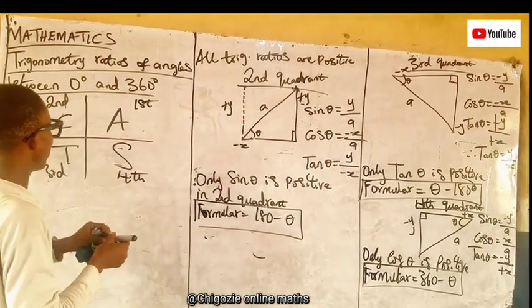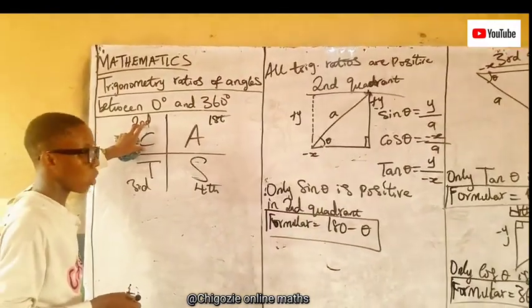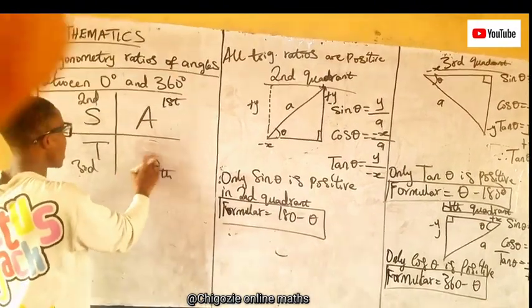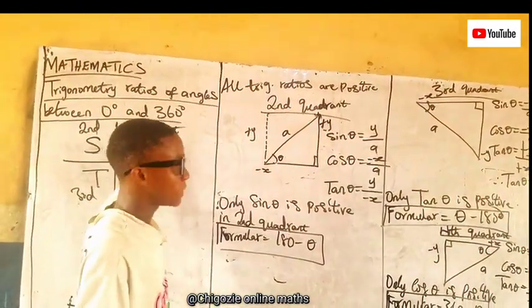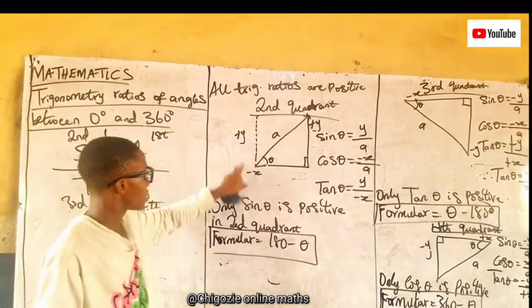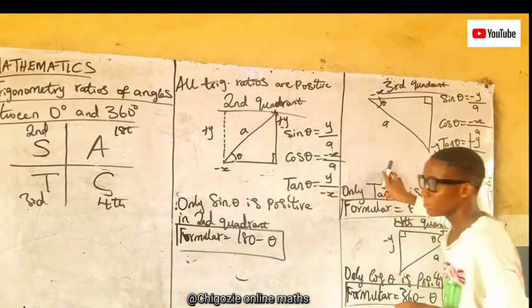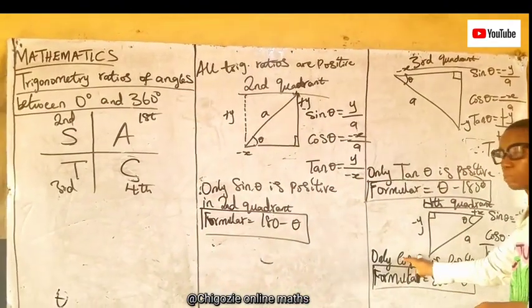Now, A signifies all, S signifies sin, T signifies tan, and C signifies cos. Remember, in the first quadrant, all is positive. In the second quadrant, only sin is positive. In the third quadrant, tan theta is positive, while in the fourth quadrant, cos theta is positive.